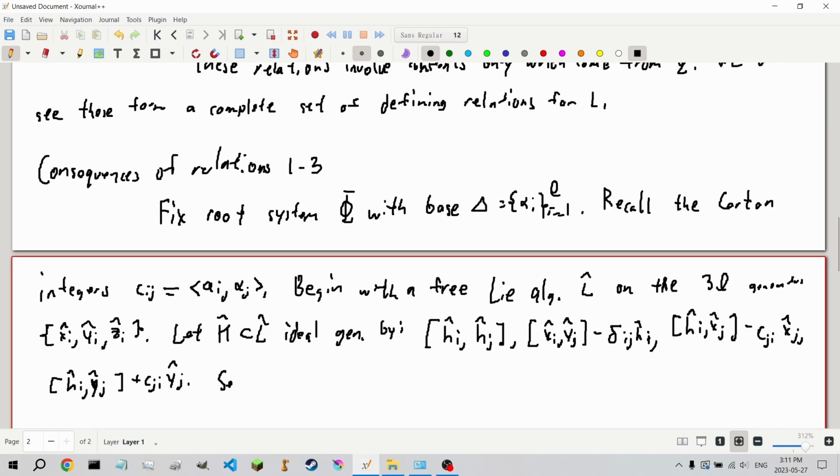We're going to set L naught to be L hat over K hat, with the image of our generators having images x_i, y_i, h_i.